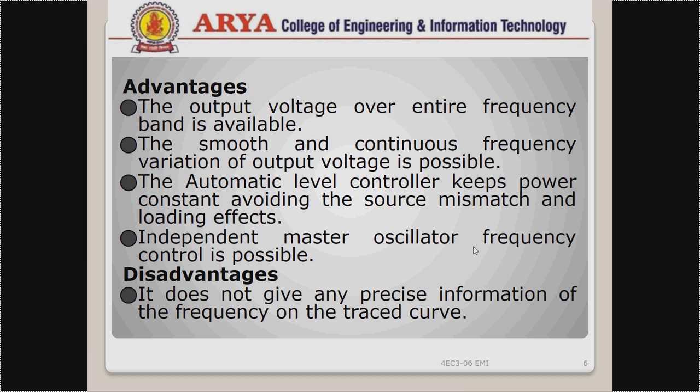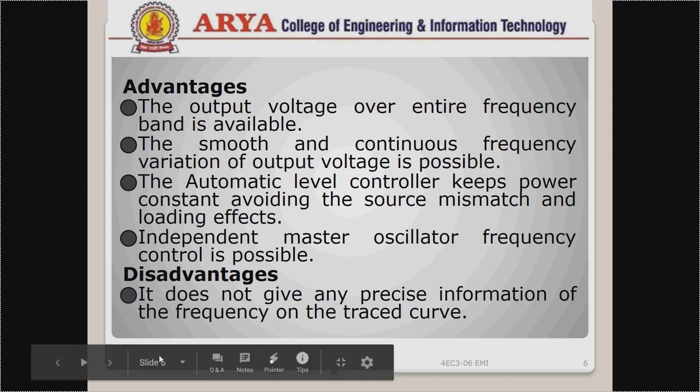The sweep frequency generator has one disadvantage: it does not give any precise information of the frequency on the traced curve. So in this topic, we discussed the introduction, block diagram, working, and advantages and disadvantages of sweep frequency generators. Moving to the next slide.